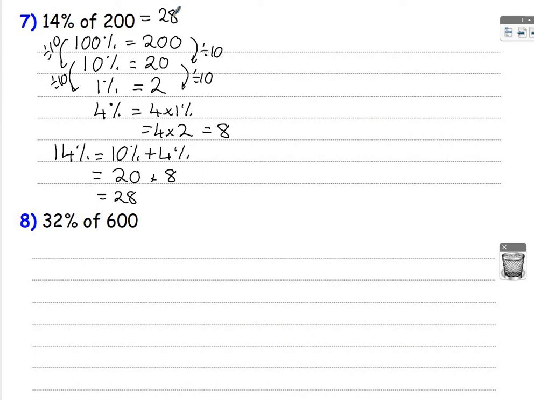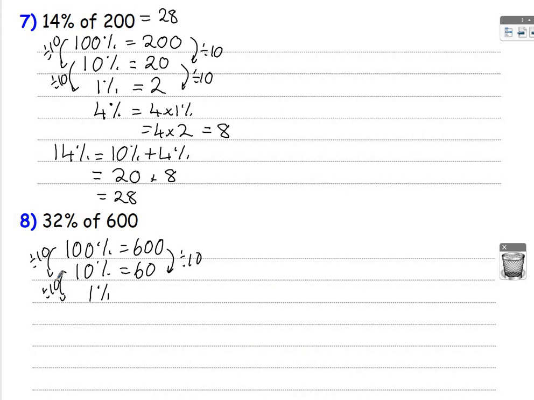Okay, looking at 32% of 600. Remember, 100% is 600. 10% is 60 by dividing by 10. 1%, divided by 10 again, is going to be 6. So remember, if we want to find a percentage of an amount, find 10%, 1%, and we can work with it. So we've done that. We need to make 32% of 600. So 10% is 60.